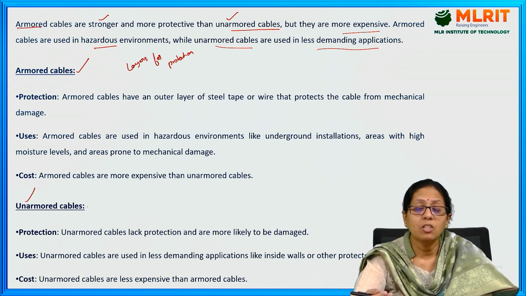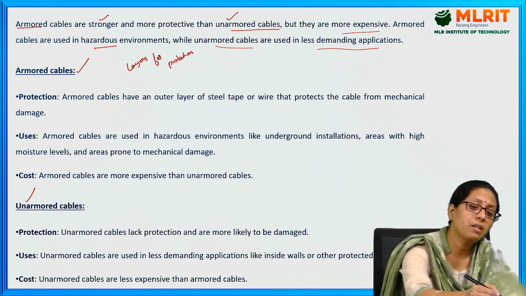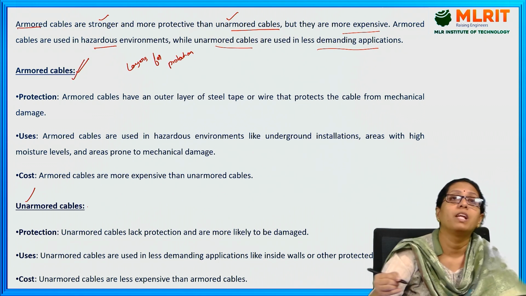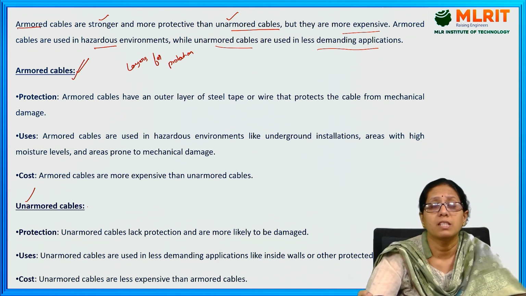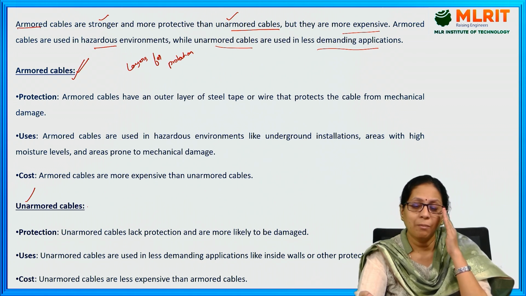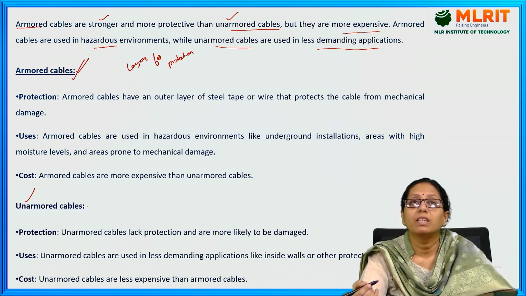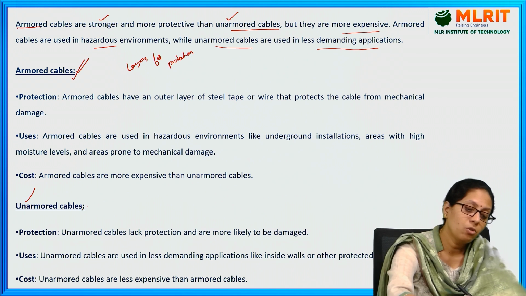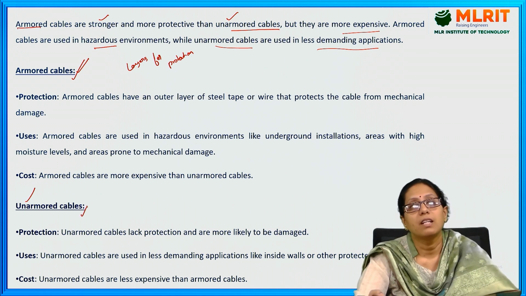In that case, we mostly prefer more layered protection, that is armored cables, and in places where the damage is less, we will be using the second category, that is unarmored cables.